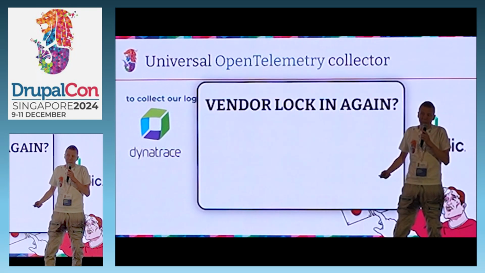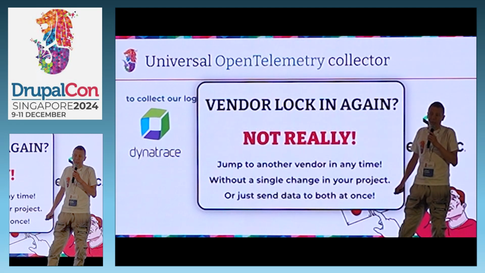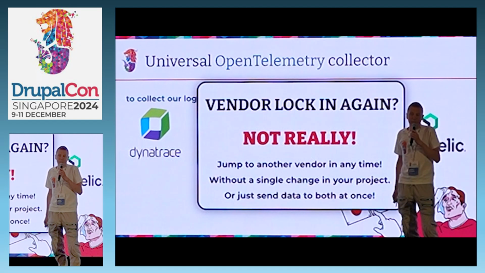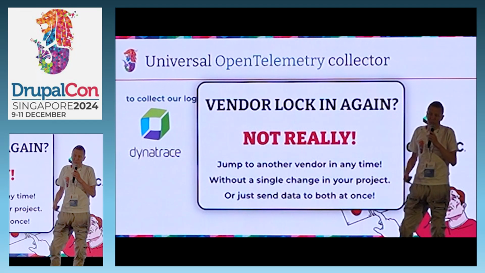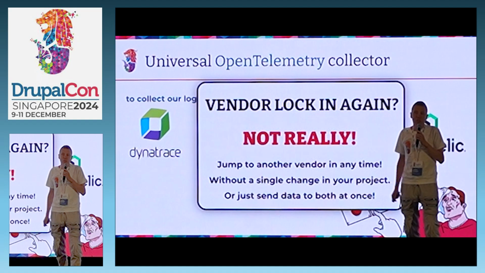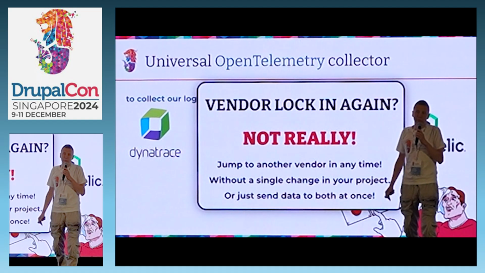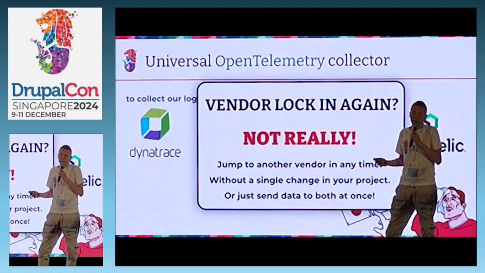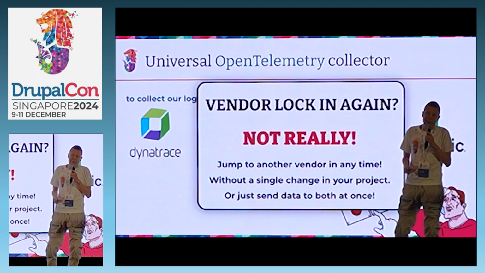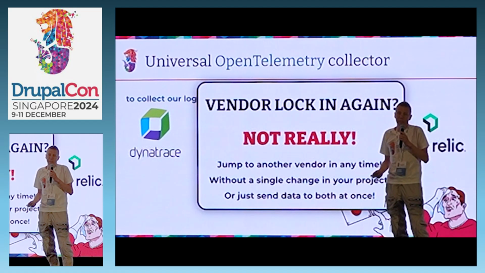But actually not, because we don't care about the specific vendor. Because if we start to submit data to Dynatrace, for example, we can just switch to New Relic or Grafana without a single change in your project. Just change the endpoint. Or if you want, you can just submit data to 2 or 3 endpoints at once. So the migration from one service to another is very easy.